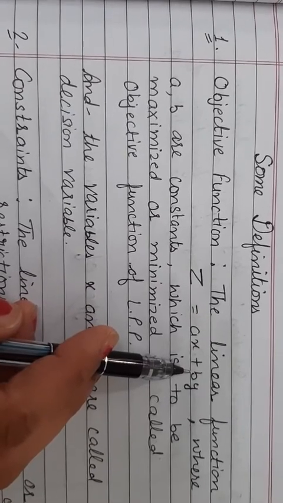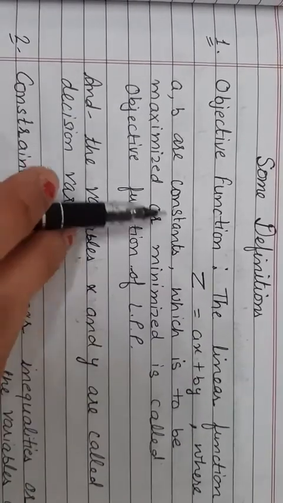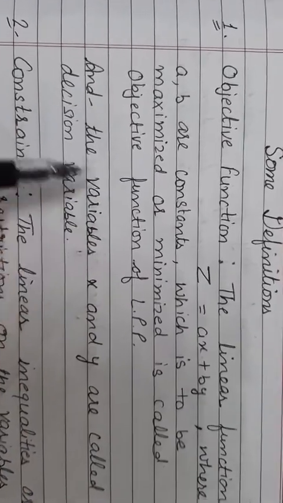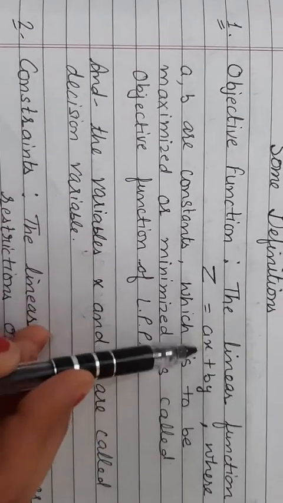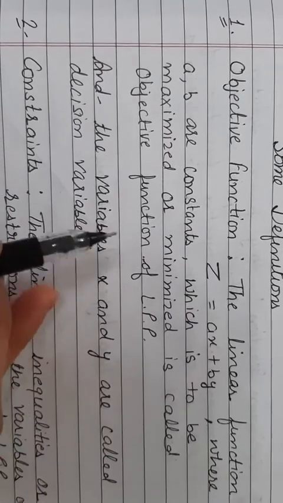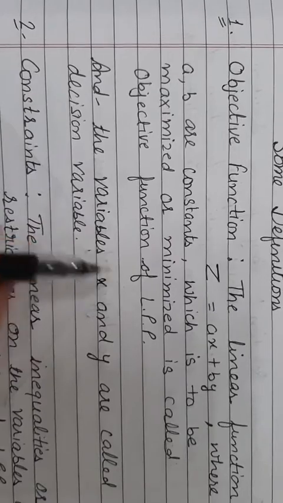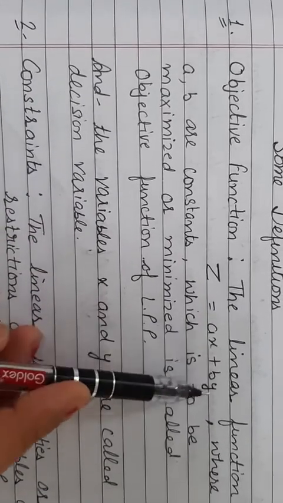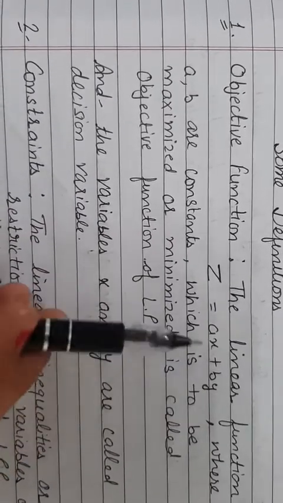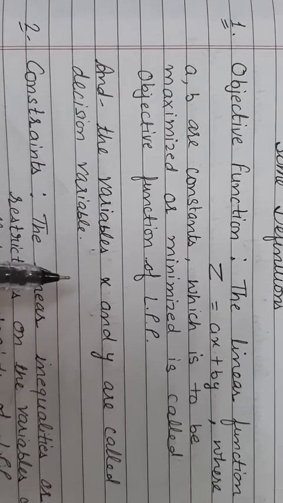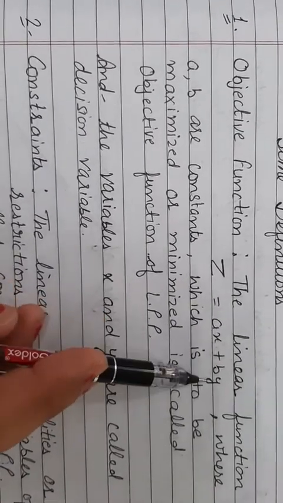It can be any number. This is to be maximized or minimized and is called the objective function. And these variables x and y are called decision making variables. Why? Because it depends on the values of x and y whether it will be maximum or minimum.